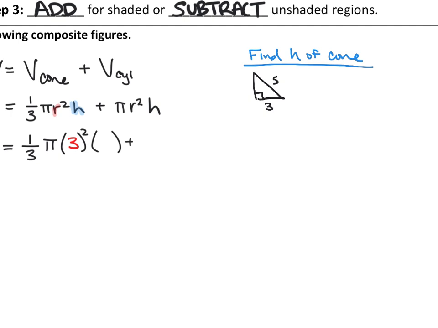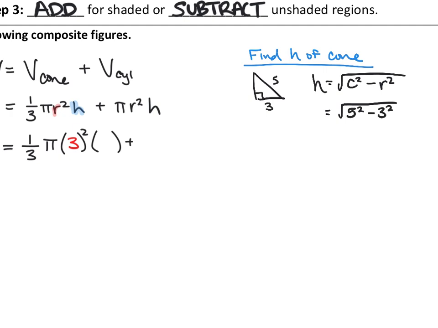So the height of the cone is going to be the square root of the side length squared minus the radius squared. So the tilted side length, or what you could call your hypotenuse, is 5, and my radius is 3.